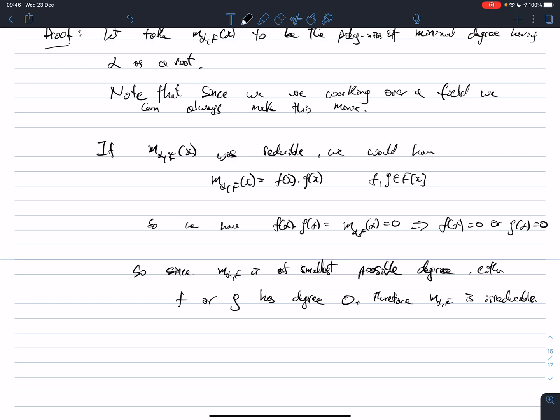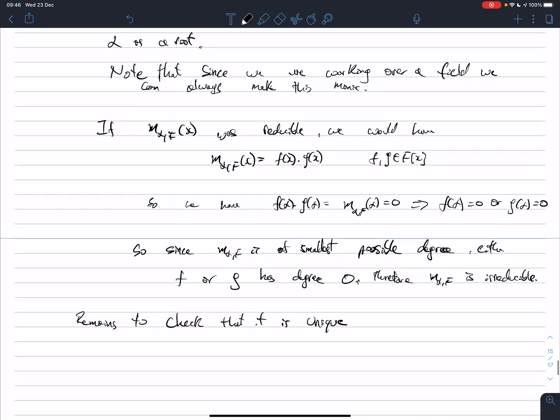So now let's just check that it's unique. So it remains to check that it is unique, but here again we just use polynomial long division.